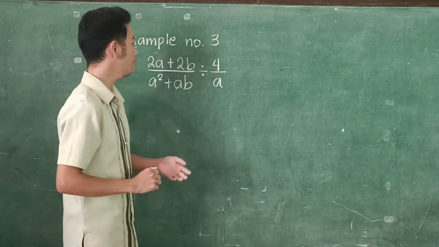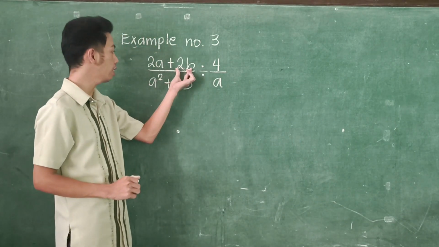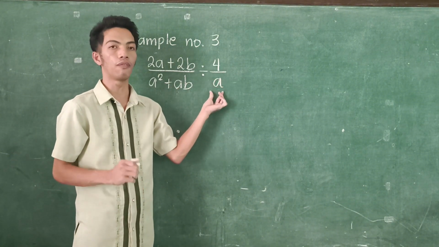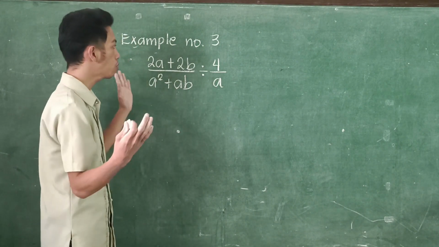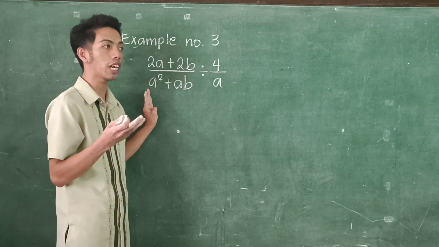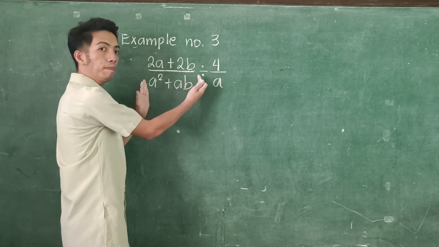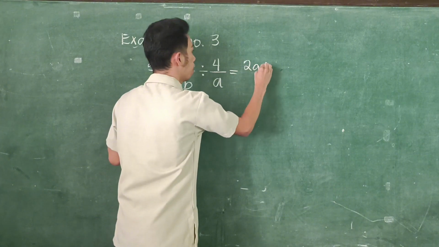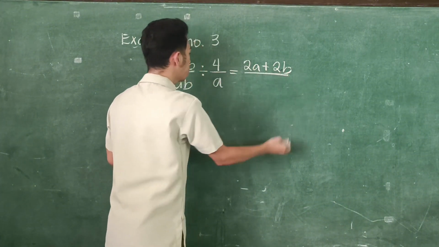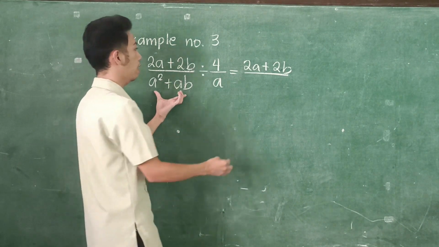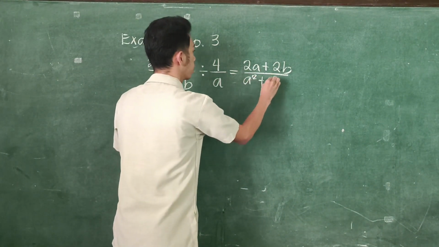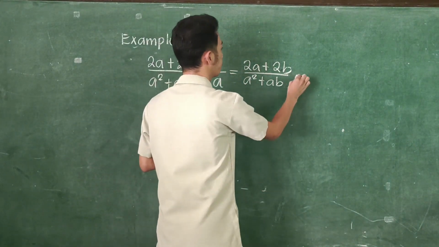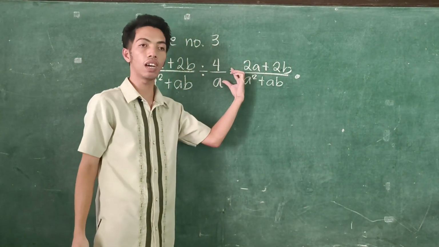Example number 3. The given is 2a plus 2b over a squared plus ab divided by 4 over a. The first step is to use the process of KCF or keep, change, flip. Keep the dividend, we have 2a plus 2b over a squared plus ab. Change the operation into multiplication and flip the divisor.